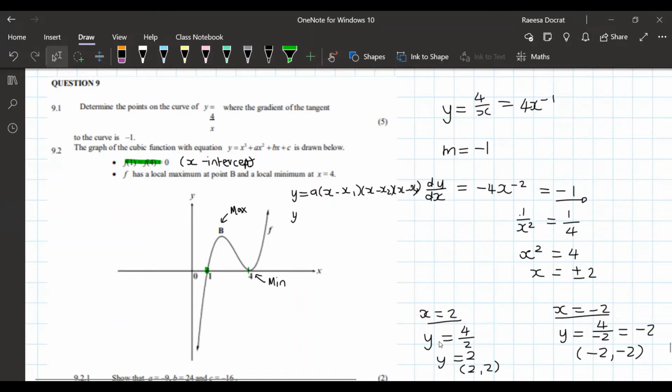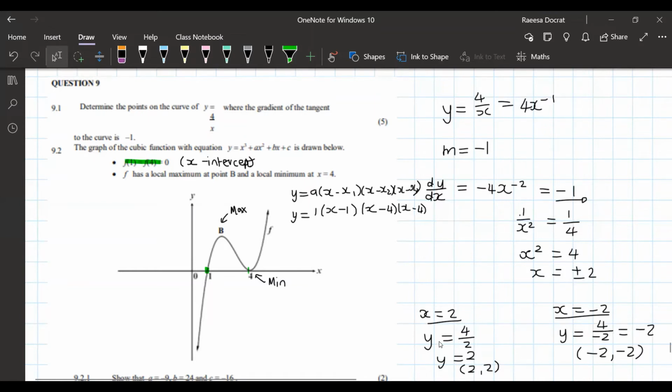We know our a value is 1 because we can see the coefficient of x cubed is 1. Our one x-intercept is 1, so we put x minus 1. And where this 4 is, we know that it's going to be x minus 4 twice, because it touches it once and goes down once. So that's putting in our x-intercepts. So this x minus 4 is repeated because it's a turning point.